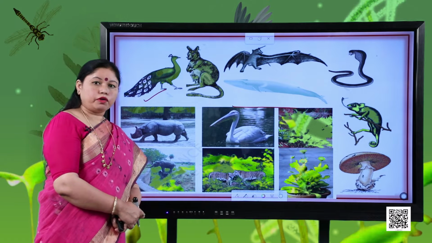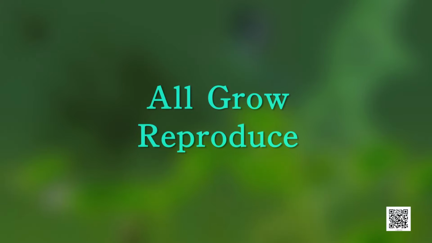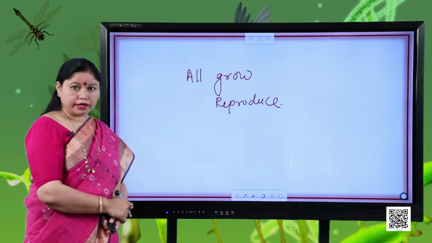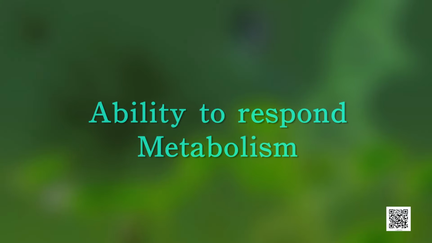But have you ever thought why we keep them as living? Yes, you are thinking correctly, because they all grow, they reproduce, all of them can sense their environment and can respond to their environment. They have the ability to respond and they show metabolism.